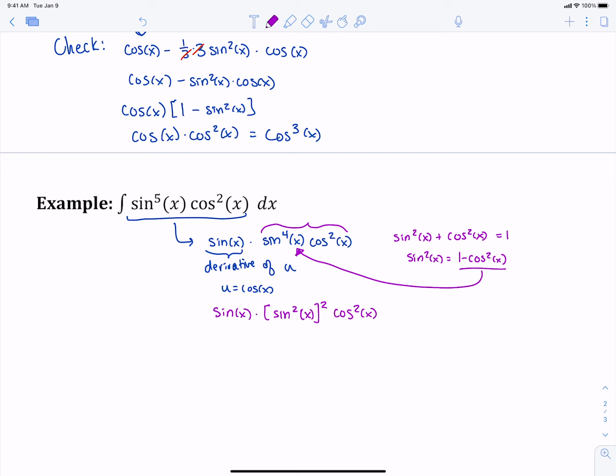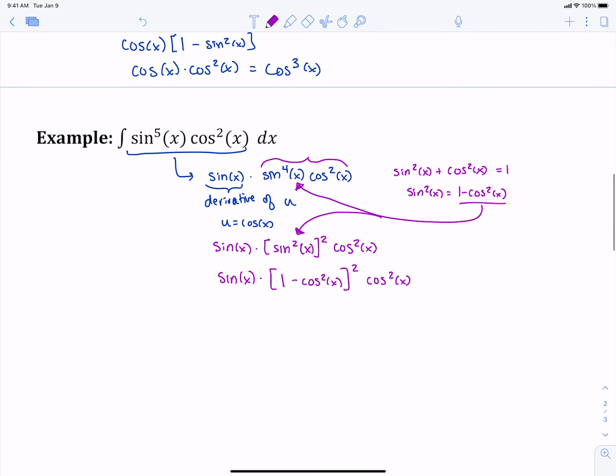So that sine to the fourth, we can rewrite as sine squared, being squared. So now we can replace our sine squared with our 1 minus cosine squared. So inside our integral, we're going to have 1 minus cosine squared of x, all of that being squared, times cosine squared of x.